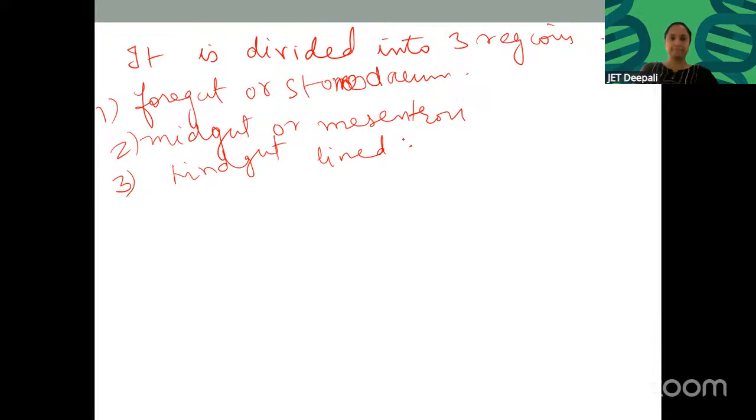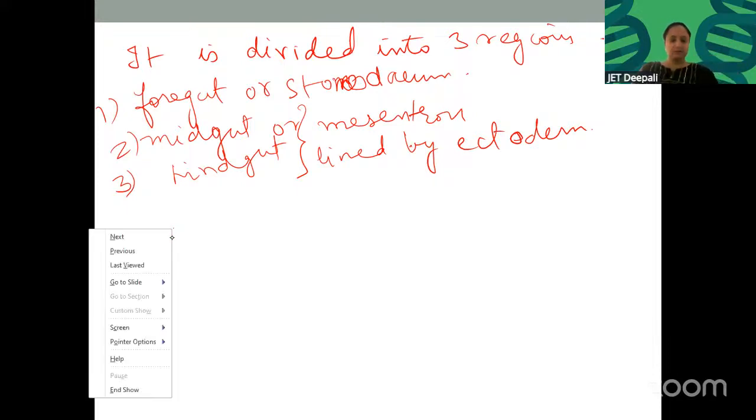See, these two layers are lined by ectoderm. The mesenteron is lined by endodermal cells.